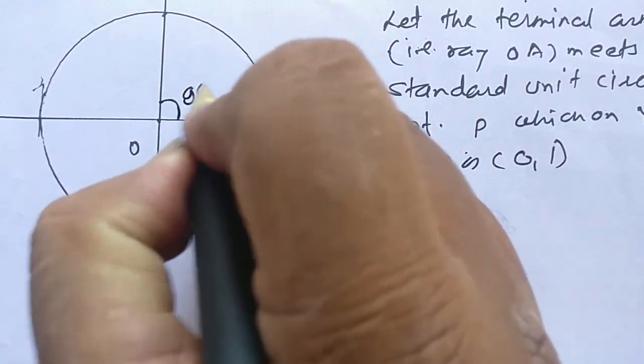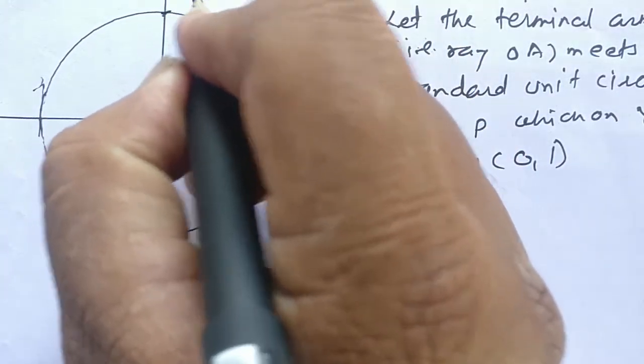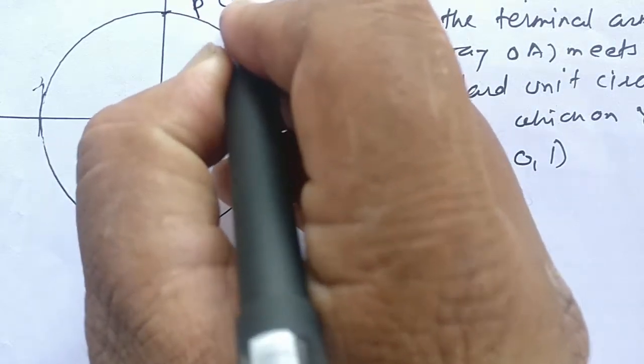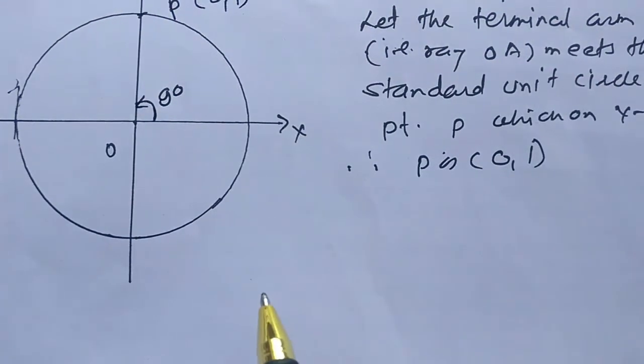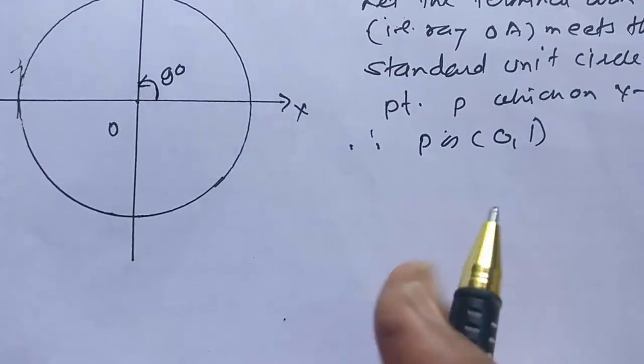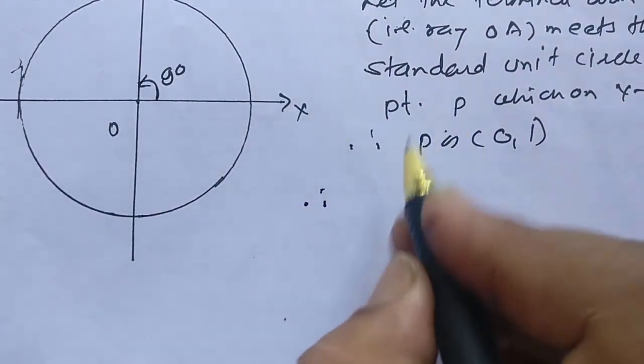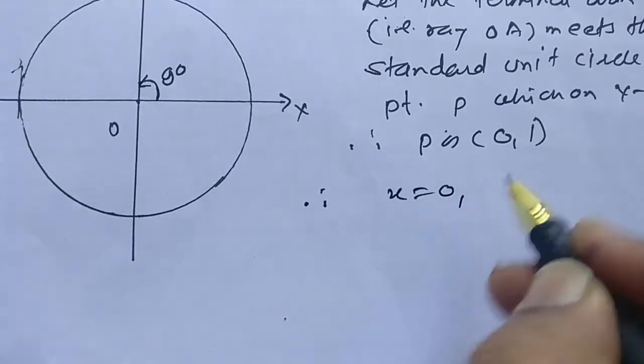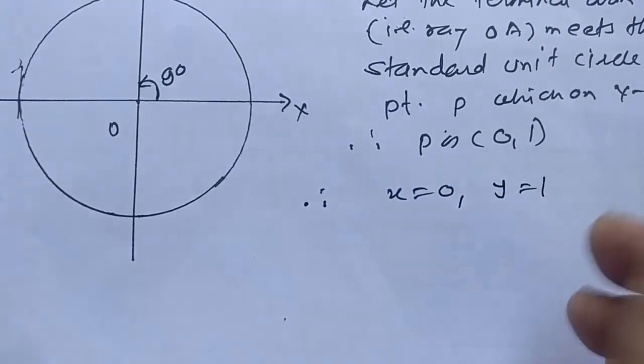This is a 90 degree. This point P, its coordinate is (0, 1). X coordinate is 0 and y coordinate is 1. Therefore, x is equal to 0, y is equal to 1.